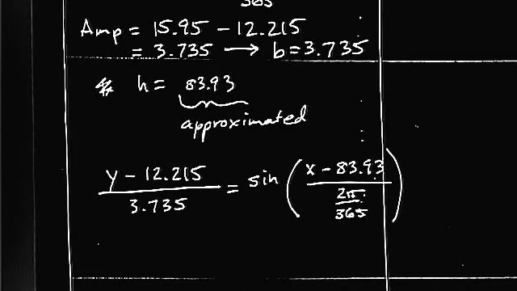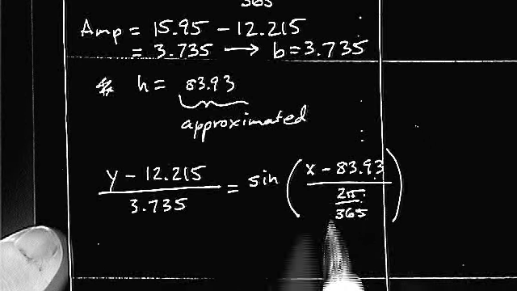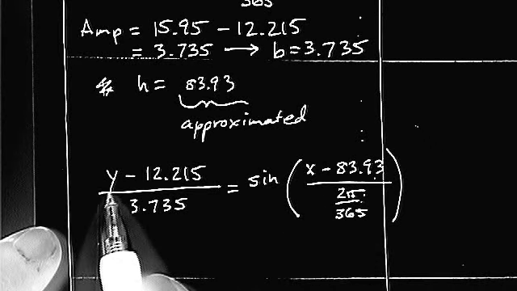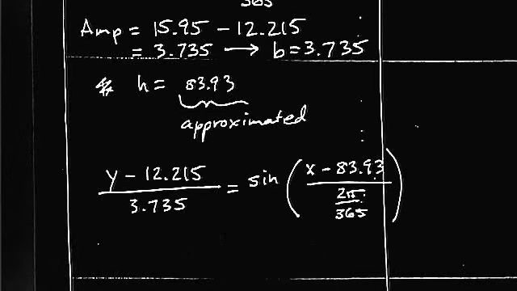There's our equation, as nasty as that looks. In class, we're going to solve for y and we're going to solve for x. So in each situation, I can give you an x and you can find a y, or give you a y and you can find an x. So we'll talk about those kind of problems in class.